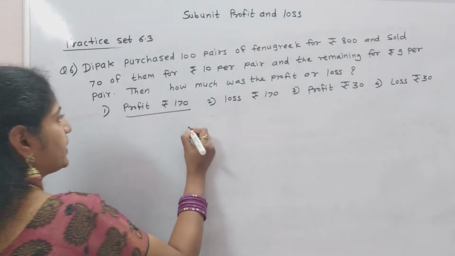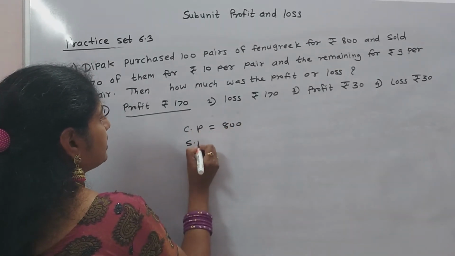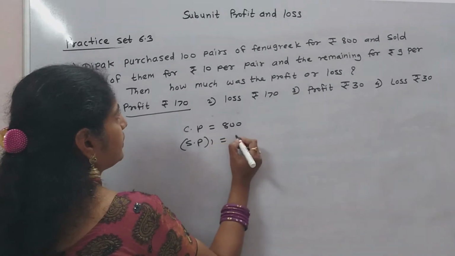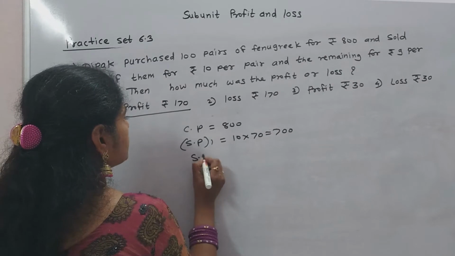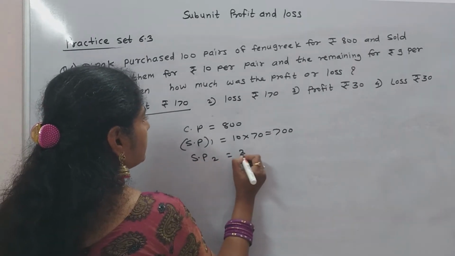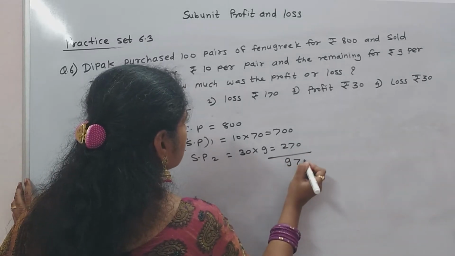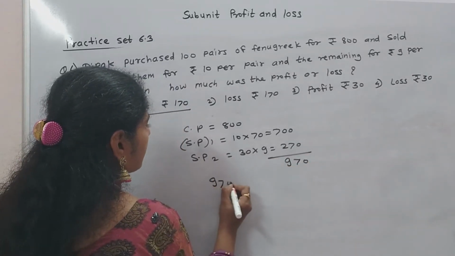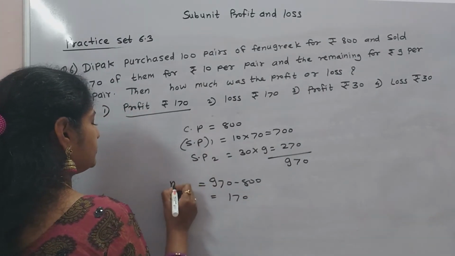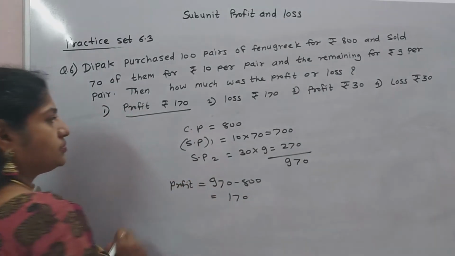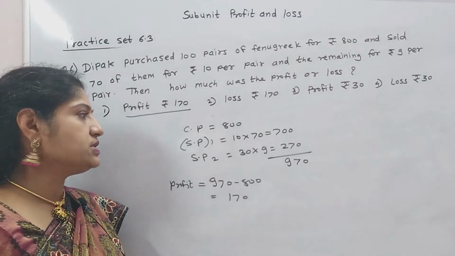Quick way: cost price 800, selling price 1, 10 into 70, 700. Selling price 2, 30 into 9, 270. Total is 970. 970 minus 800, 170 profit. Answer is option number 1, profit 170.